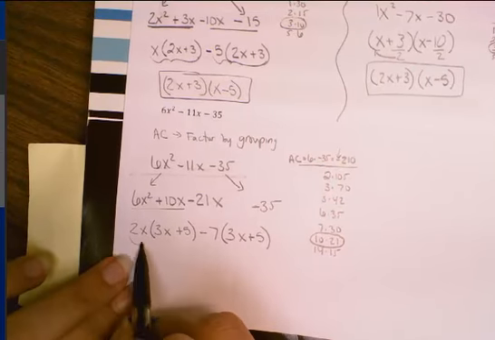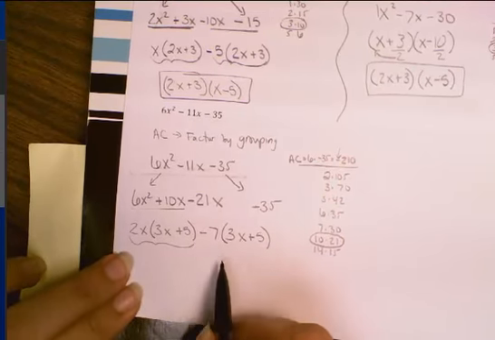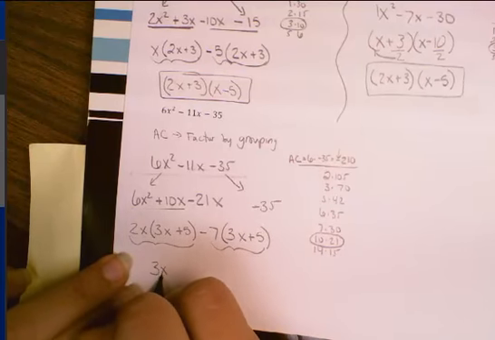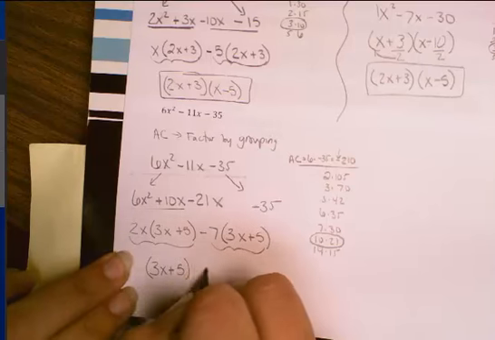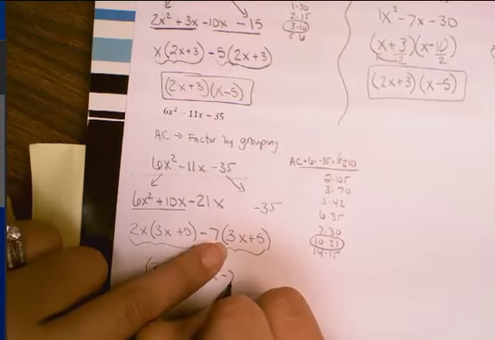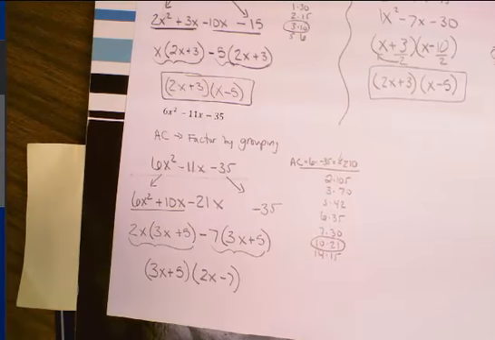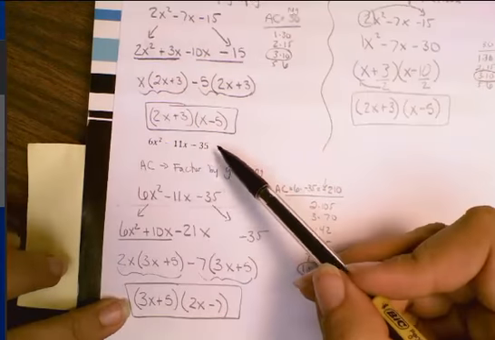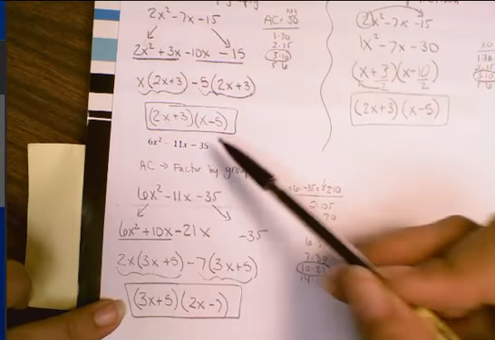Notice that in this first term we have a 3x plus 5, and in this second term we have a 3x plus 5, so I can factor it out. Factoring it out of the first term leaves me with 2x. Factoring it out of the second term leaves me with negative 7. So this right here is the factored form of this trinomial.